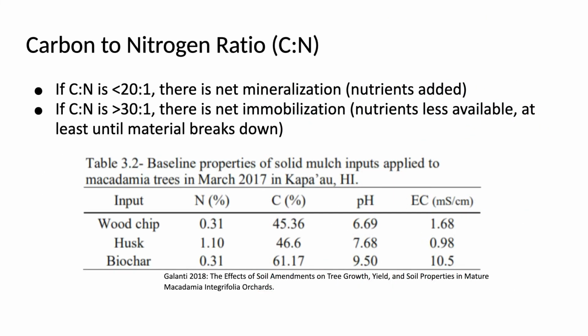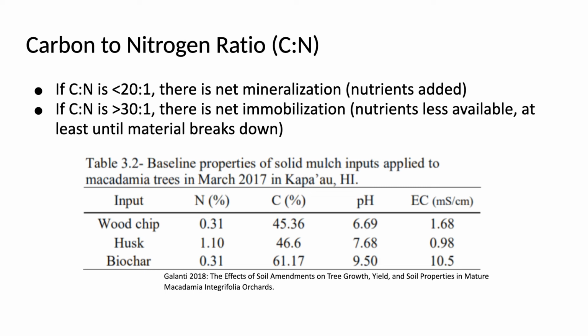And then I just wanted to point out carbon to nitrogen ratio. People like to apply wood chips, so just so that people know, if your carbon to nitrogen ratio is above 30 to 1, like wood chips, which are over 100 to 1, they have so much more carbon than nitrogen. That can actually steal some nitrogen away from your soil.